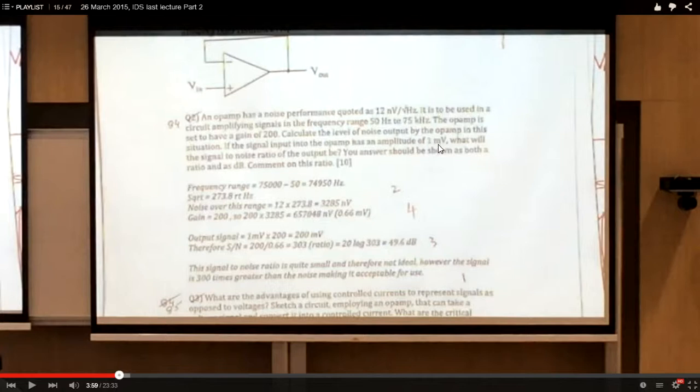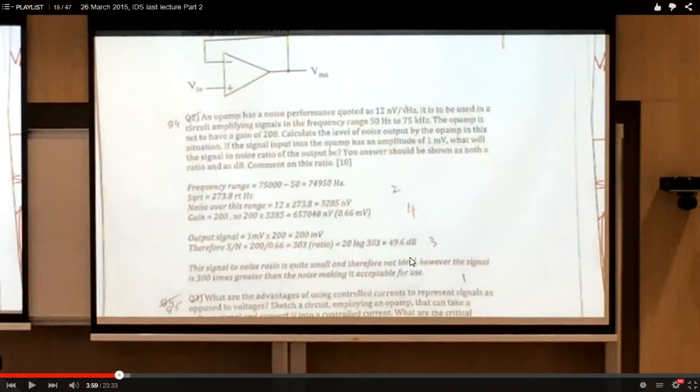The ratio will be, because 1 milli is 10 to the negative 3 divided by 10 to the negative 9, you have about 600,000, which is not small at all. Where is quite small? I don't see quite small. I may be wrong, I don't know. And then it's therefore not ideal.